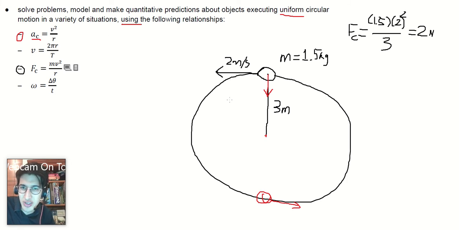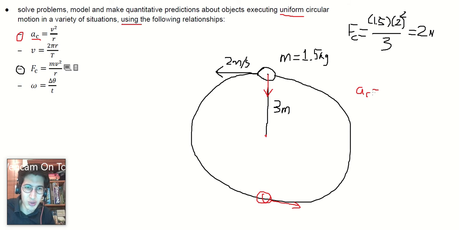Let's see what the acceleration is. V squared, so it's going to be 2 meters per second squared, over r. So it's going to be 4 over 3, 4/3, and acceleration, as usual, is going to be meters per second per second. So AC, let's do it in red to be consistent.